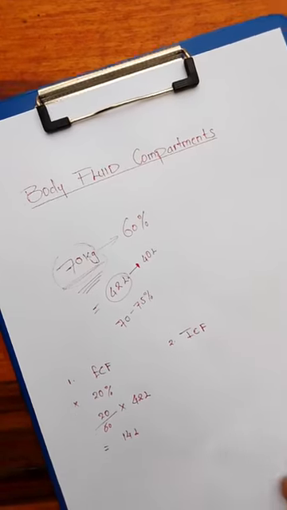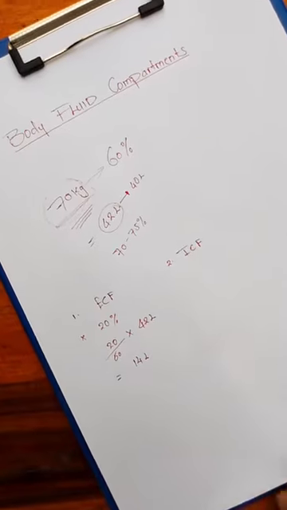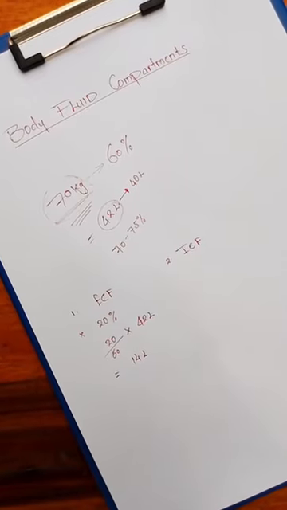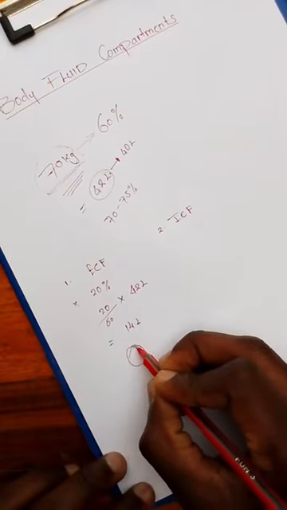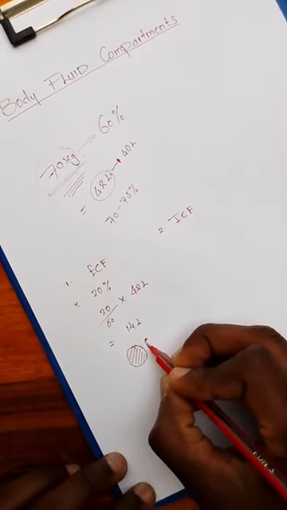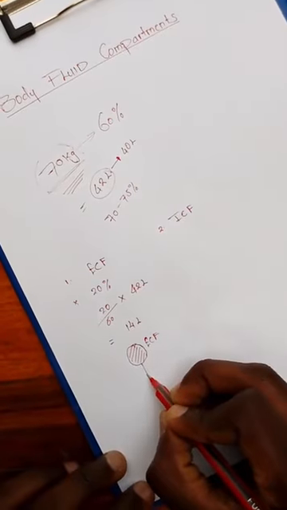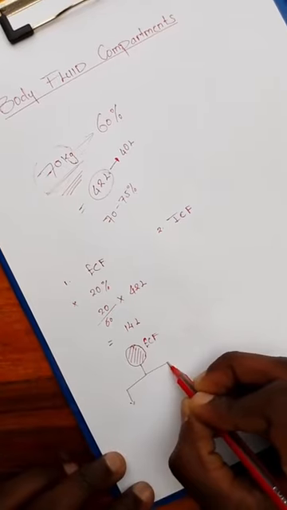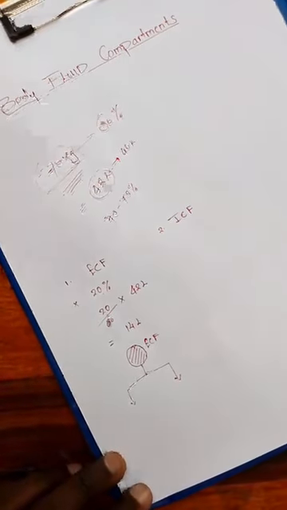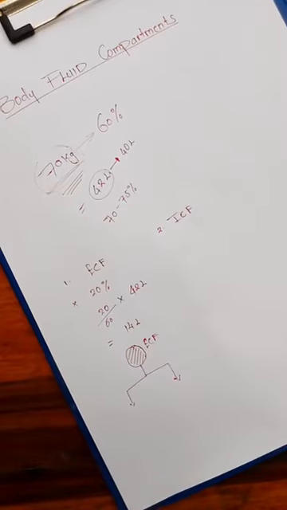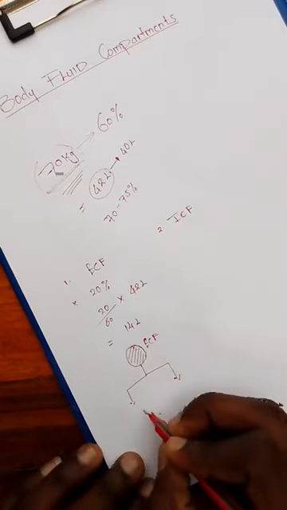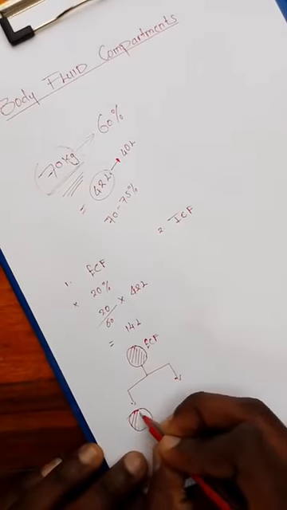The extracellular fluid is actually divided into two parts: the extravascular fluid as well as the intravascular fluid.